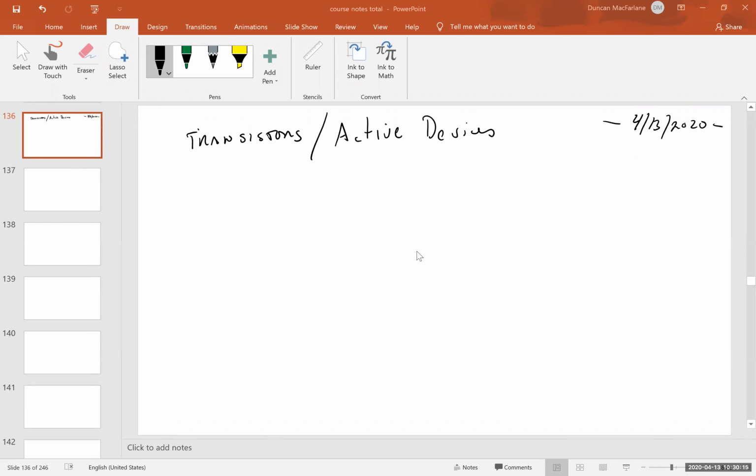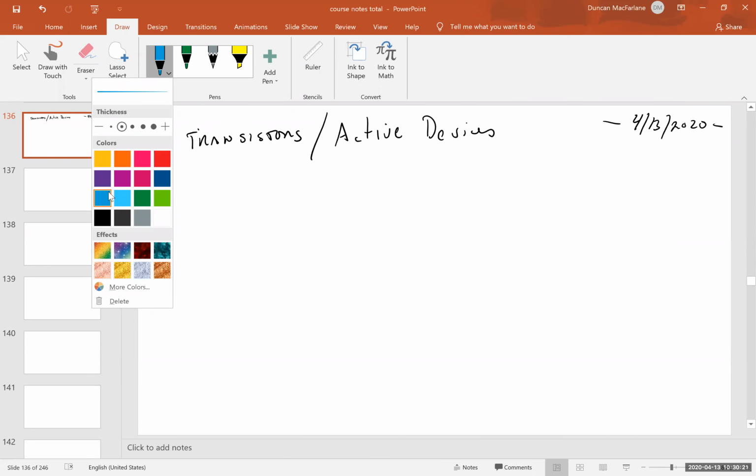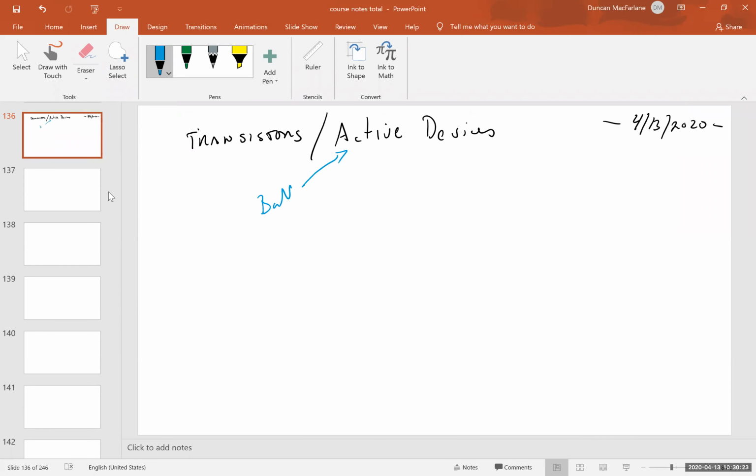Okay, so whenever I put a battery into a circuit, I'm feeding the device some energy, and so I'm allowing the device to contribute power to the signal.